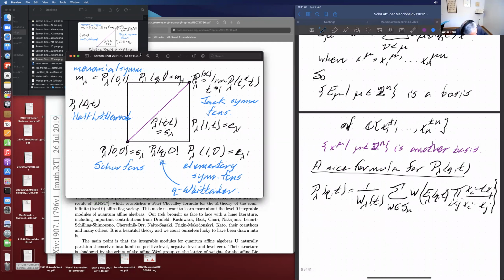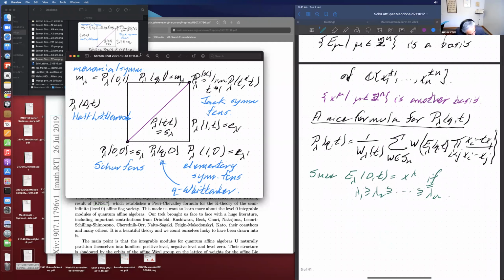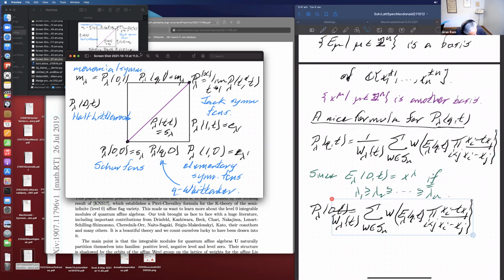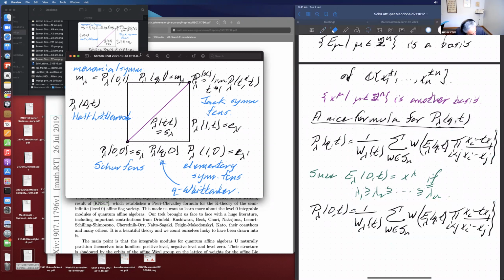Then you have a fact, which I will sketch how you get later: if you plug in q equal to 0, then this is just x^lambda, on the condition that lambda is dominant, that is, decreasing. So when I plug in P_lambda(0,t), I get the same formula with E_lambda changed to x^lambda.